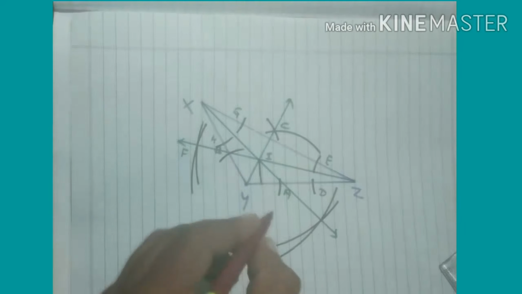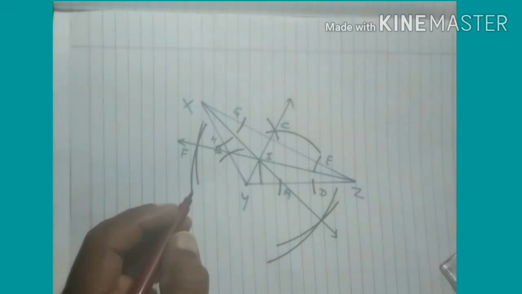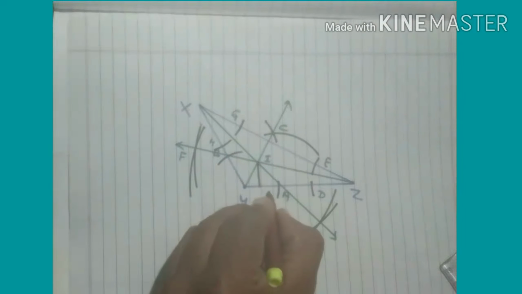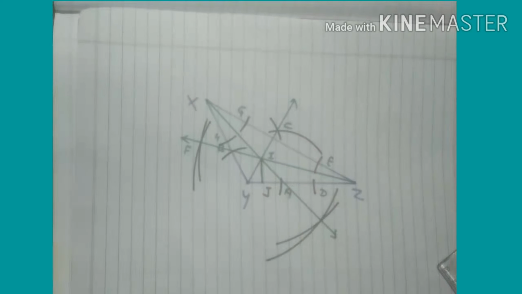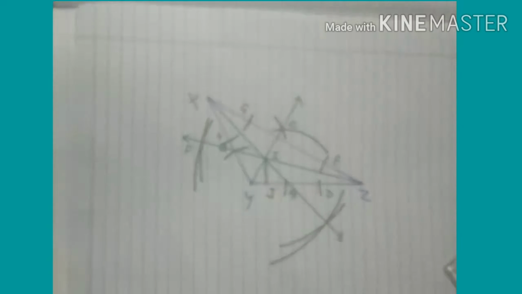Okay guys, suppose G H I J. Wow, what a sequence. IJ is the radius. Now I have to take distance equal to IJ, which is a little bit trickier in this case because so small a distance is there.